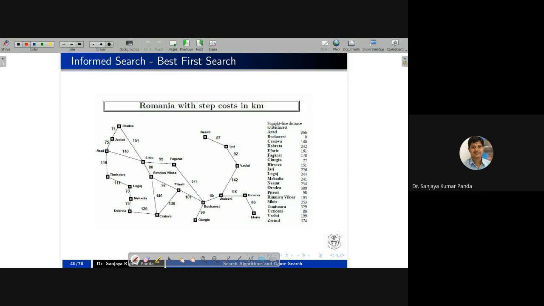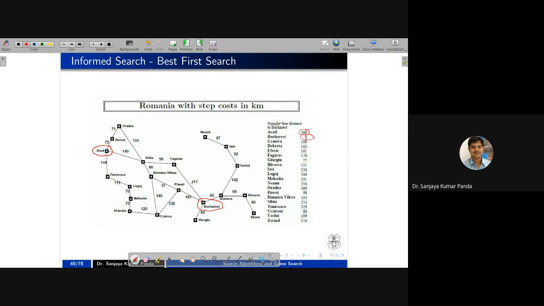This Arad is your source city, and your destination city is Bucharest. Your objective is to move from A to B using best first search. The straight line distance to B is available here. 366 indicates the straight line distance between A and B. The straight line distance from B to B is 0.